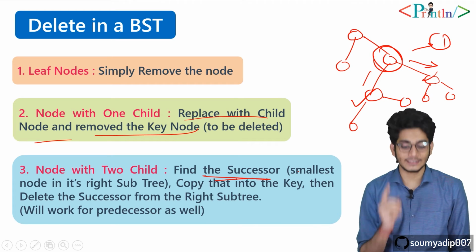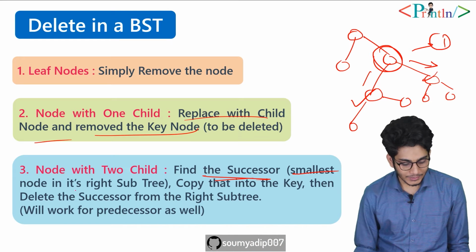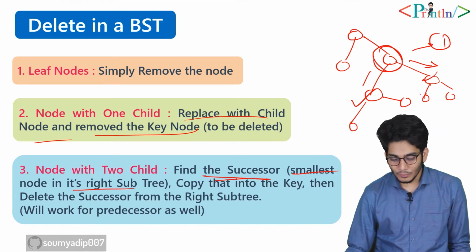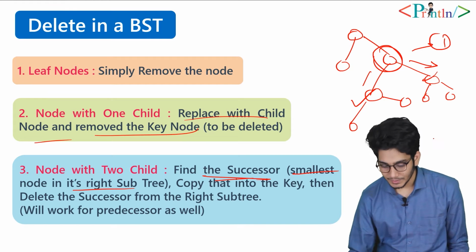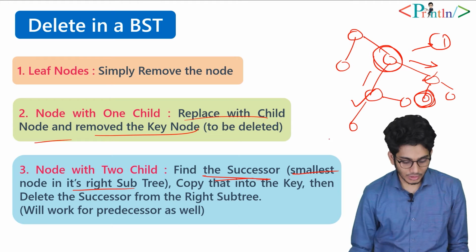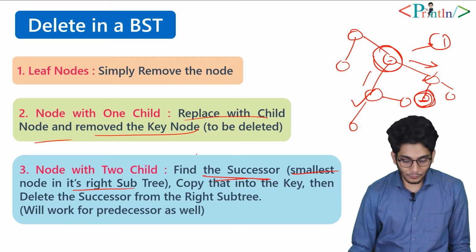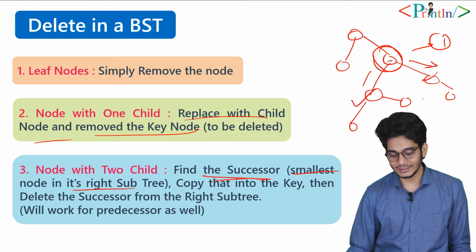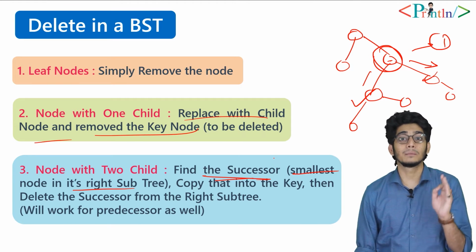What is the successor of a tree? That is the smallest node in its right subtree. Which is the smallest node in its right subtree? This is the smallest node in its right subtree. So we replace the value of this node with this node and we will delete this node. This is how we can perform the deletion from a binary search tree.